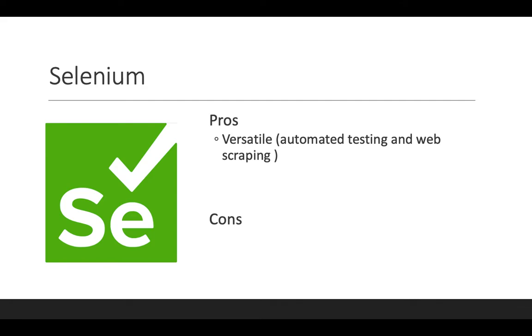For example, if the web scraping you need done is in a web application that will also need to be automatically tested, then this is where you need to go with Selenium. This is your clear choice, basically. Because it does both tasks at the same time, it's like killing two birds with one stone.